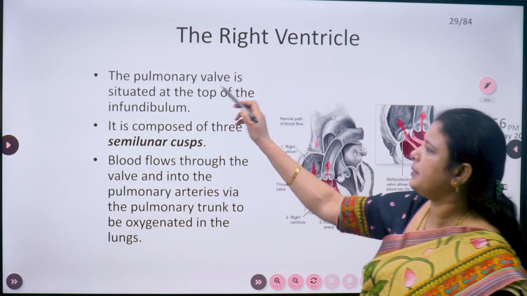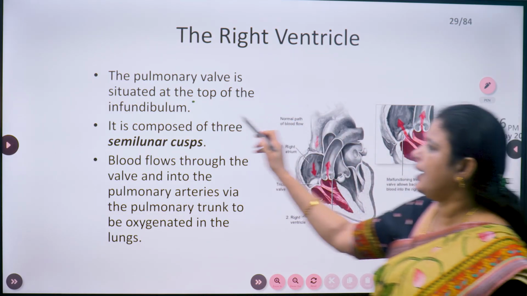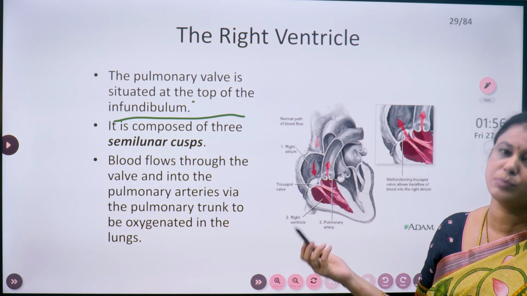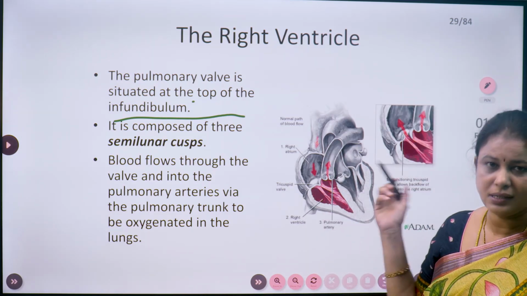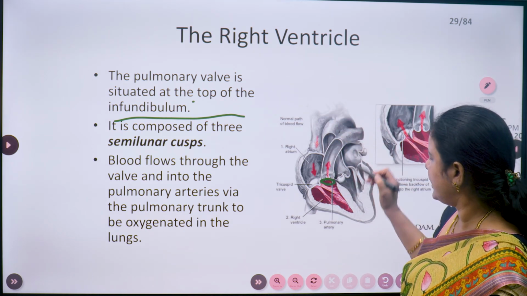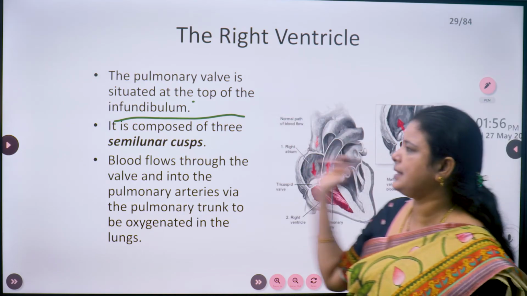The pulmonary valve is situated at the top of the infundibulum. Over the infundibulum we have the pulmonary artery.